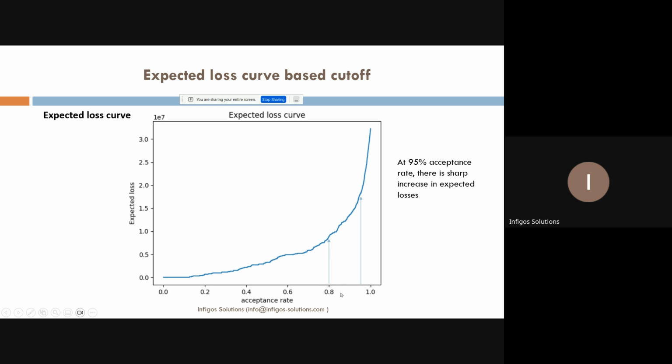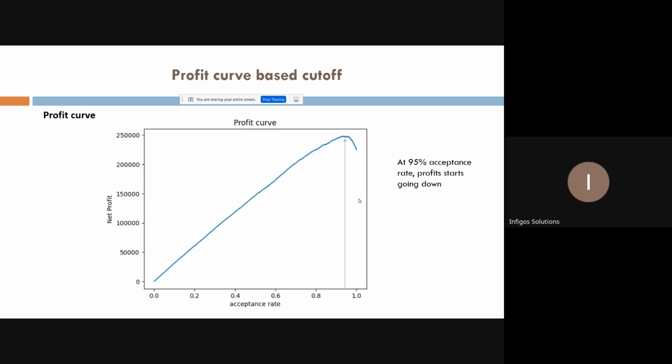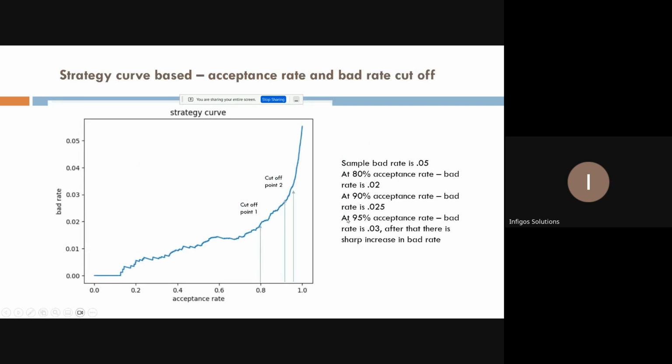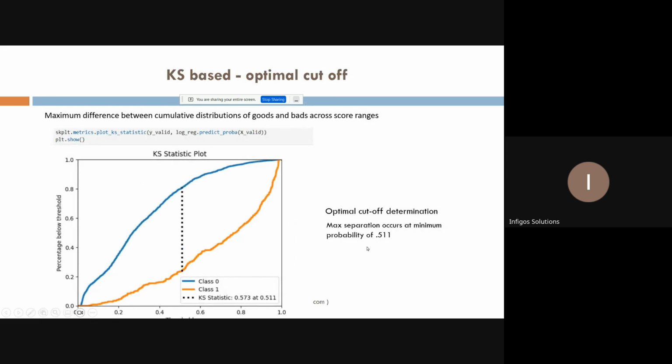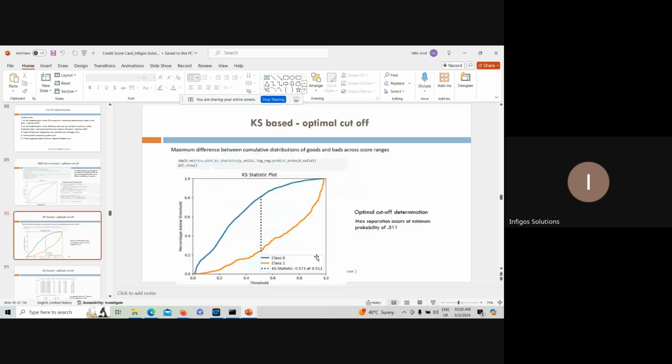At 80% it is this one, and around 95% it starts going down sharply like a linear line. So you will stop here. Based on these 3 curves, expected loss, profit curve, and strategy curve, you want a cutoff of 95%. But based on this optimal one, you want to figure out what the acceptance rate is. So let's go to the code.